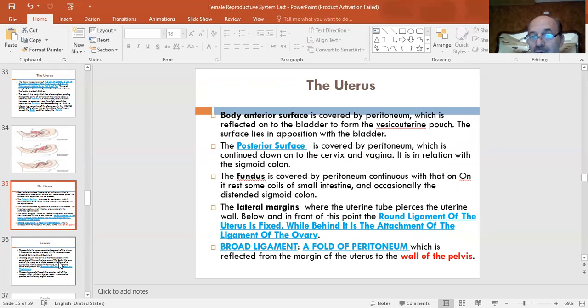And below and in front, we have the round ligament of the uterus, which is fixed, and the broad ligament, which is a folded peritoneum. These are reflected from the margin of the uterus to the wall of the pelvis. So they are ligaments attached to the uterus, because the uterus is fixed in position by ligaments. We'll talk more on that.